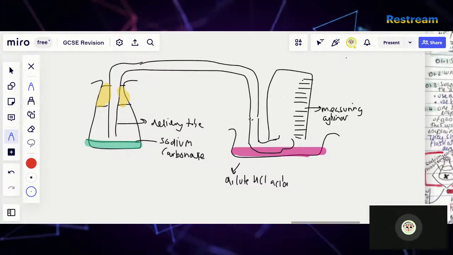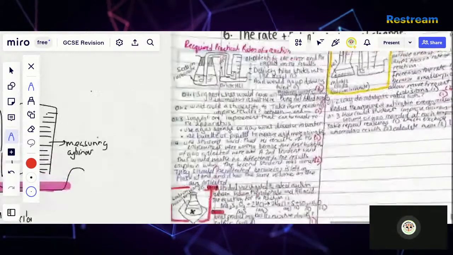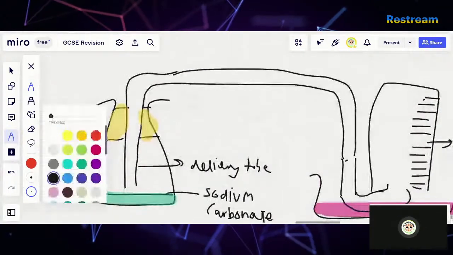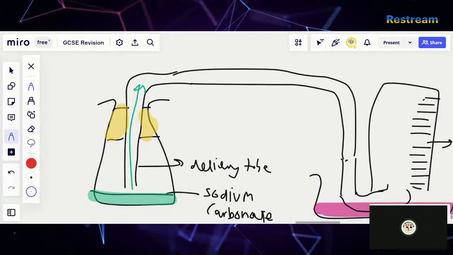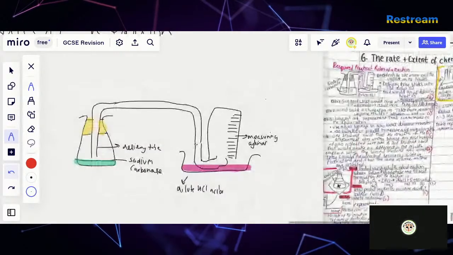So firstly, you need to make sure that the delivery tube does not stick in, as we said here. The reason why it doesn't stick in is that otherwise the acid will go up the tube, and we don't want the acid to go up the tube. We want the gases produced to go up the tube.